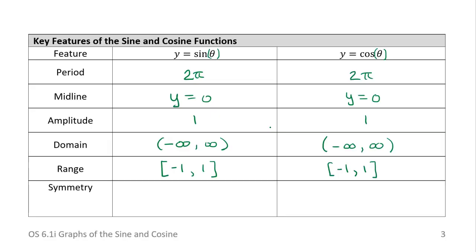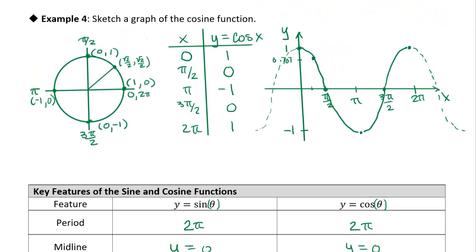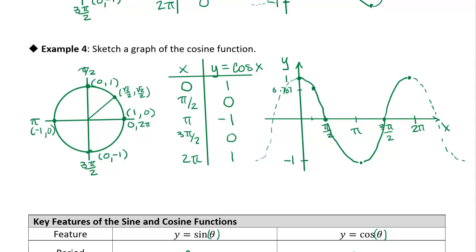So how about the symmetry? Let's take a look at the symmetry of sine and cosine. Let's actually take a look at cosine first, because you can see that if I look at the y-axis, you can see a symmetry about the y-axis. And if I take any angle on the positive side of the axis, like say pi or pi over 2 or 3 pi over 2, the angle on the negative side of the x-axis will have the same value.